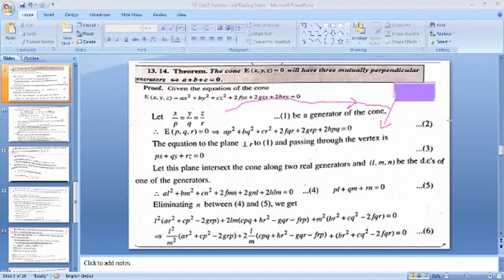I have considered the plane. How is this plane? The plane is perpendicular to this generator.